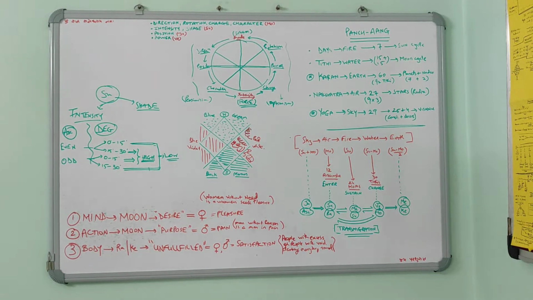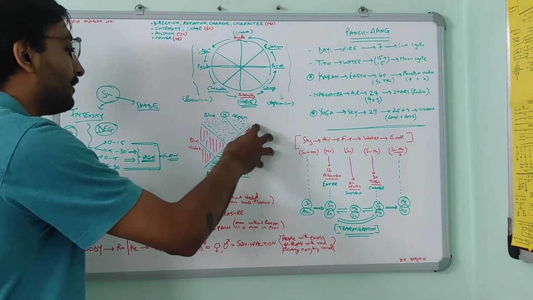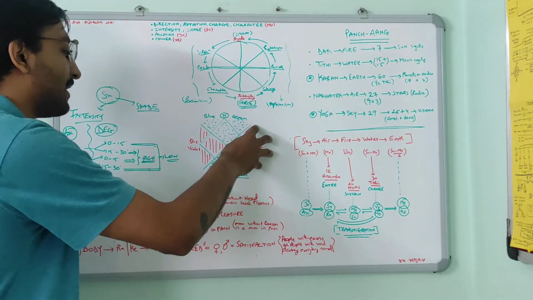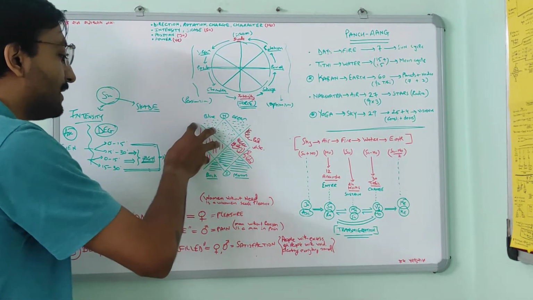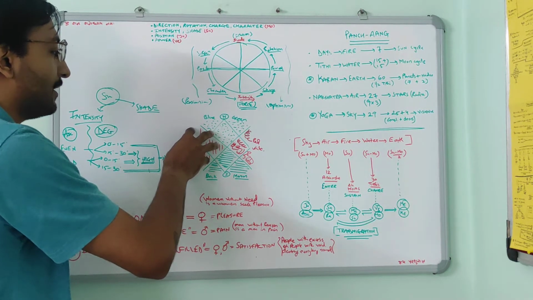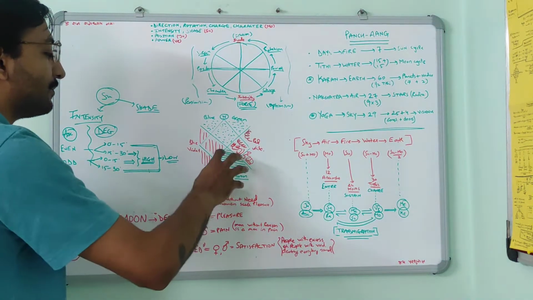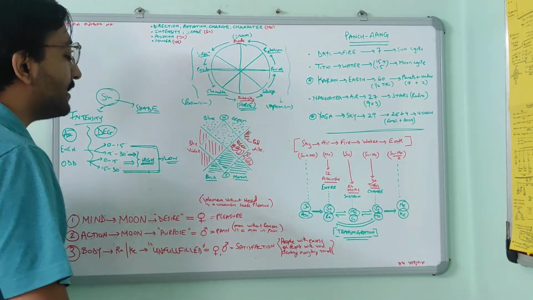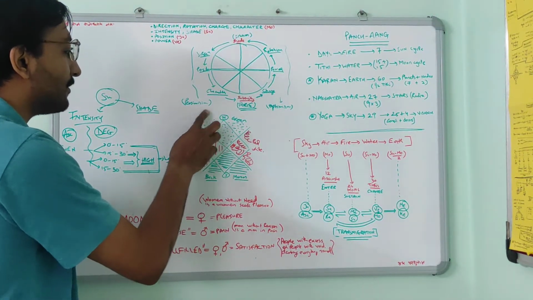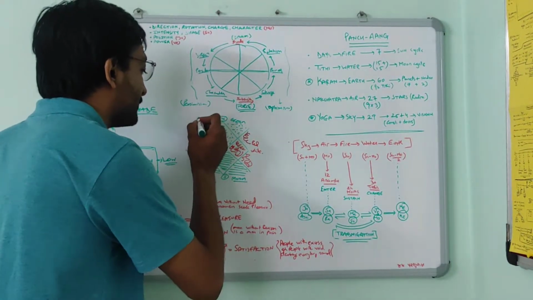If most of the planets are placed in this part, the color of your soul is going to be reddish white. If it is placed over here, the color of the soul is going to be bluish violet. If it is placed over here, it is going to be bluish green. And if it is placed over here, it is going to be blackish maroon. Okay, this is not going to be blue, this is going to be yellowish green. Sorry, my mistake.